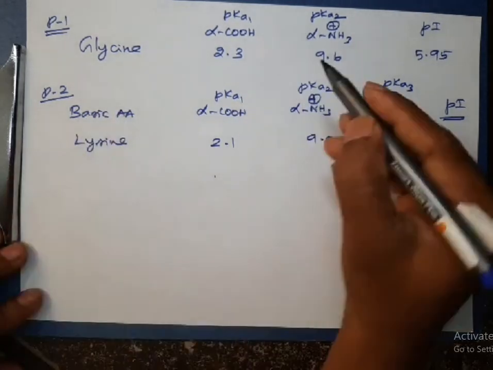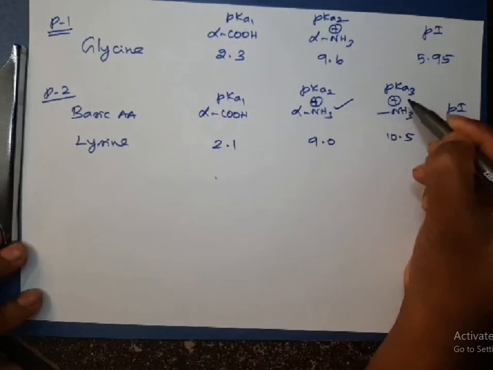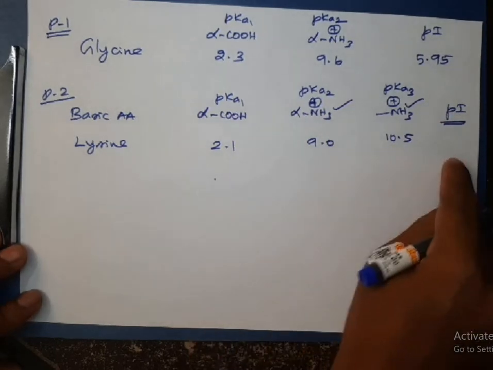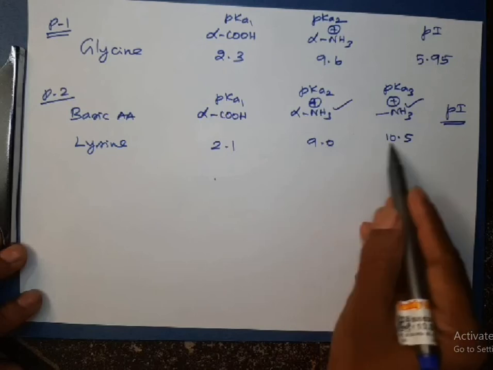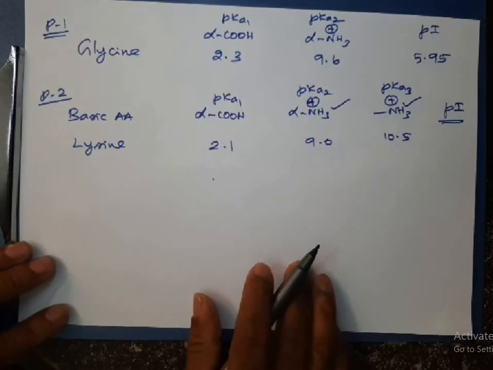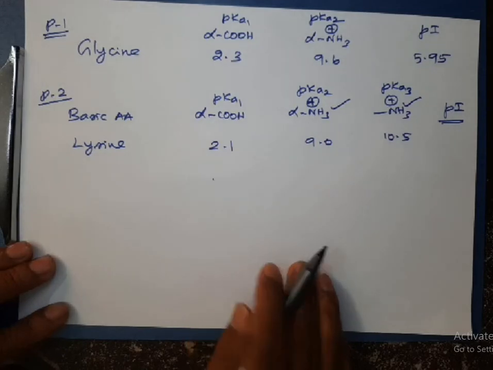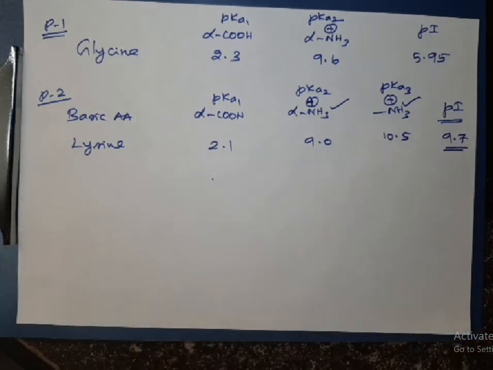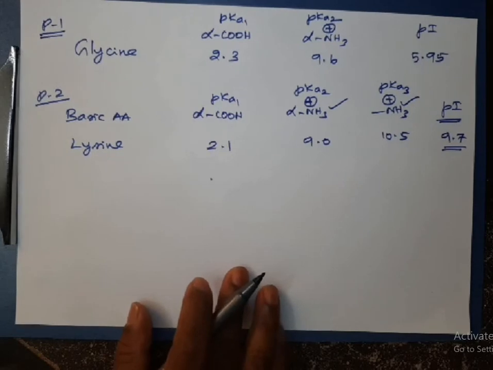For a basic amino acid, you take the amino group values, the NH3 plus values. Add them, 10.5 plus 9, then divide the value by 2. What's the answer? 9.7. That is the isoelectric point for basic lysine. Lysine is a basic amino acid.